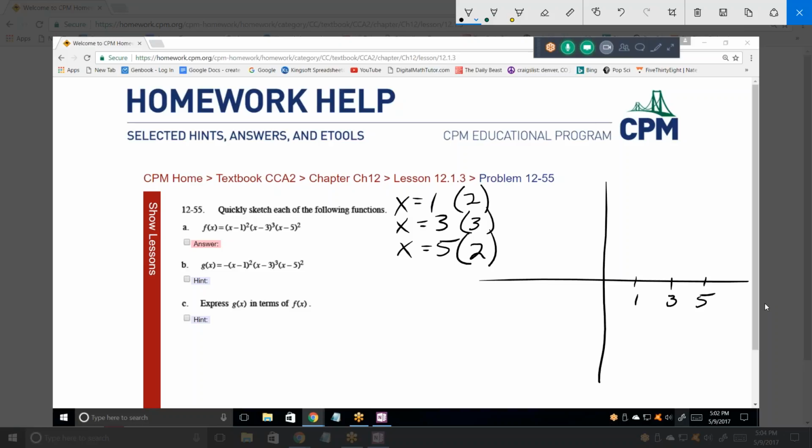So in other words, I know I gotta hit that point and bounce off. I gotta go through this point, and I gotta hit this point and bounce off.